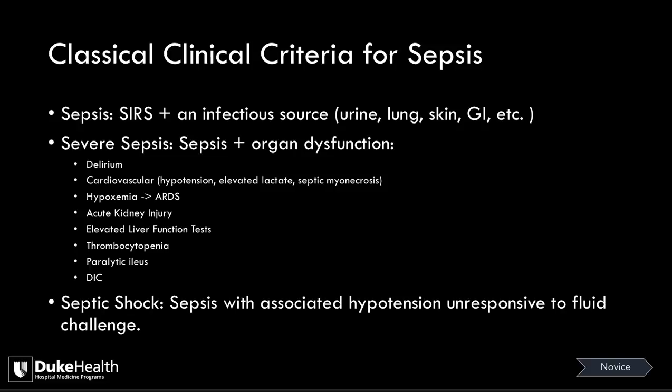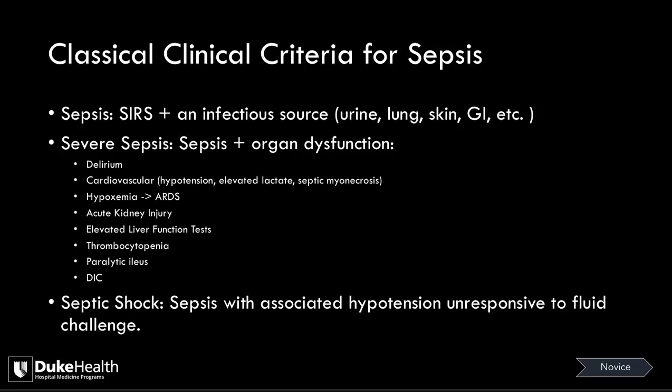Moving to the next level, or increasing severity, is what we call severe sepsis. This is sepsis plus organ dysfunction. Organ dysfunction can be manifested in several different ways. From a CNS standpoint, delirium or confusion.